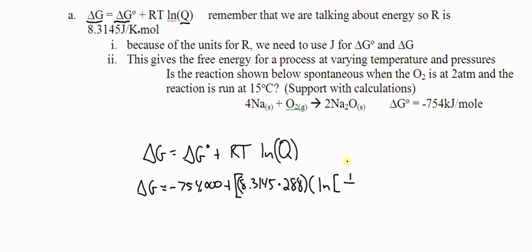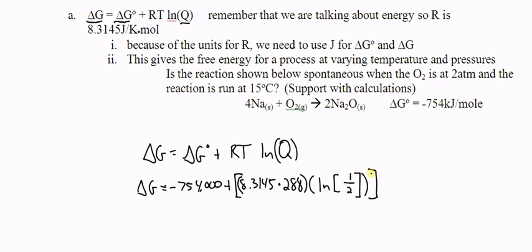We're looking at 1 over 2, because oxygen being a reactant should be on the bottom, so 1 over 2, and close that off, and then the final bracket.